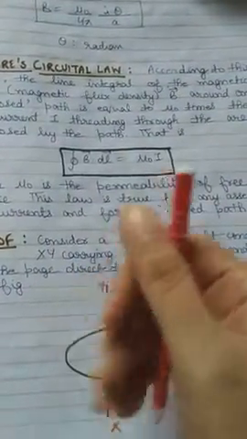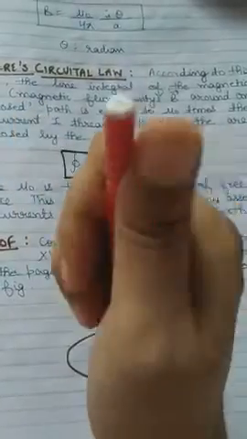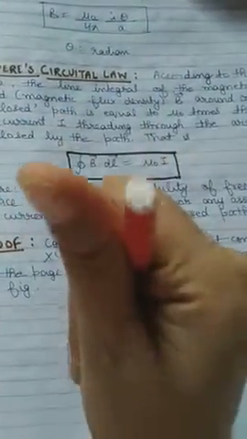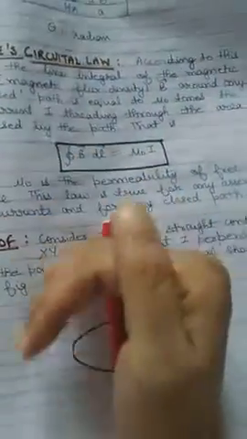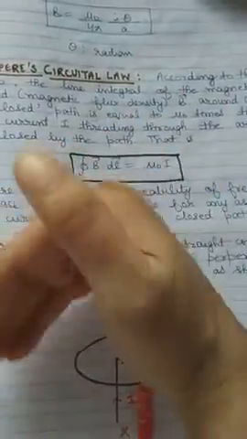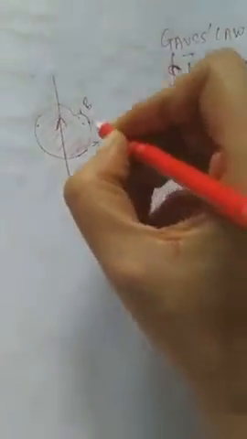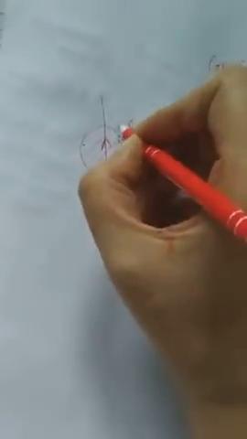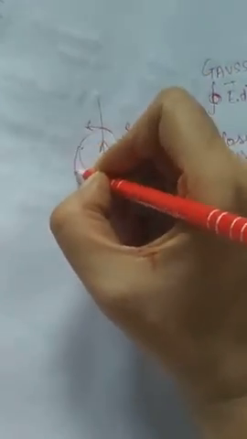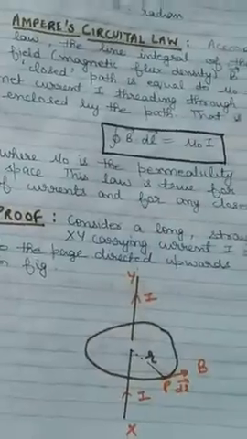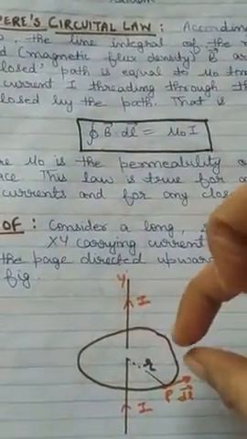At each point, you will get the magnetic field like this, in this direction, and this direction. So like that you will get the magnetic field. At one point it is taken as P.